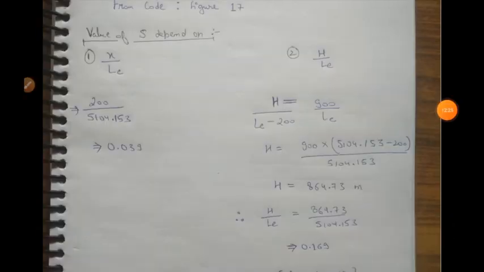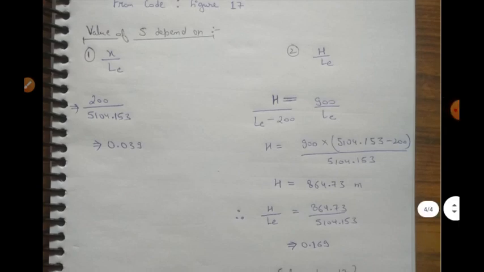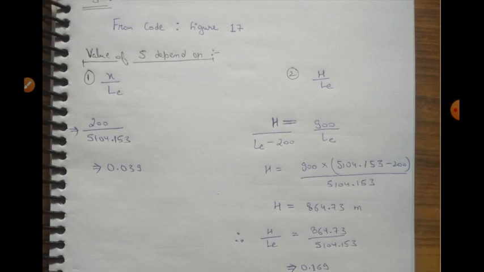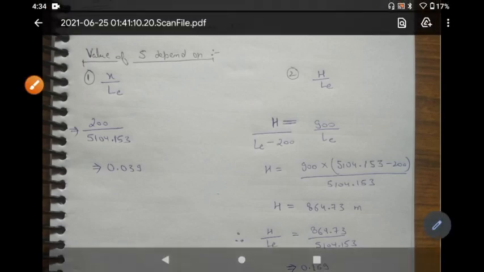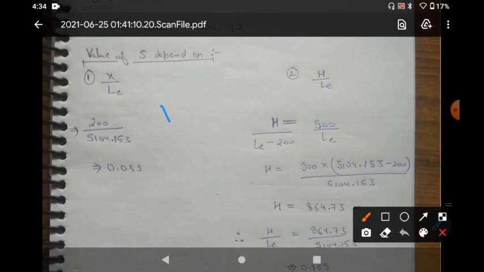So now we will just put the values of these ratios, that is H by LE minus 200 is equal to 900 by LE. And after solving, because we know that the value of L is equal to the value of LE, which is 5104.153, putting all these values in this formula, we would be able to find the value of H, that is 864.73 meters.